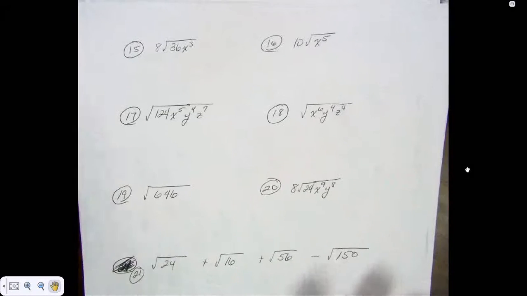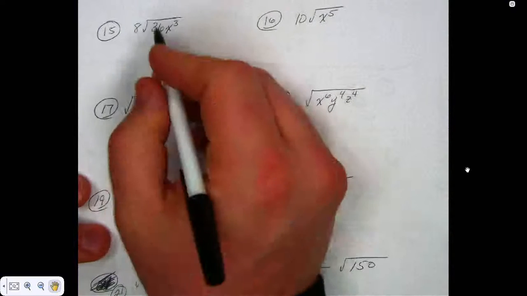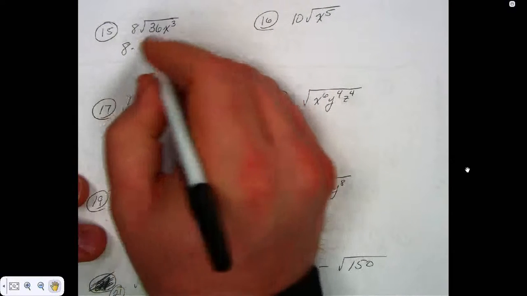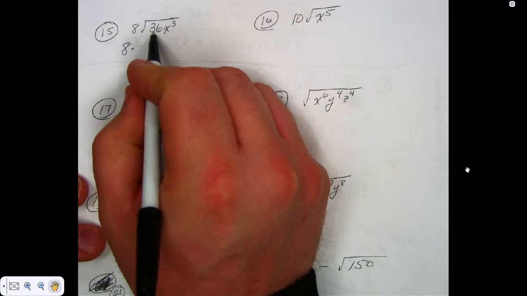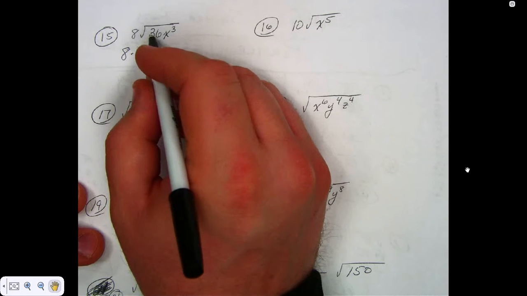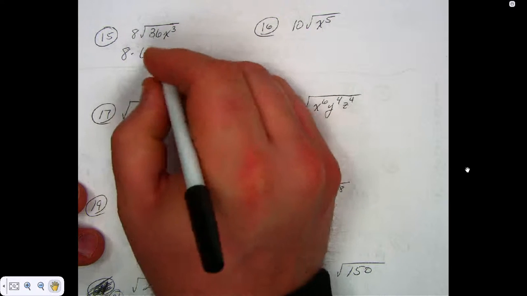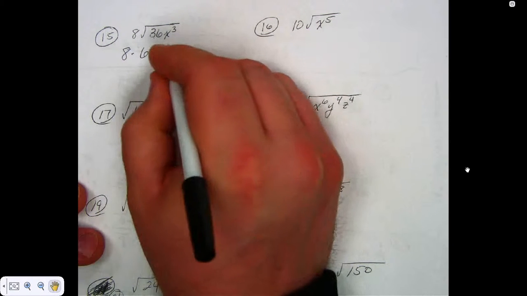You have to remember on the variables, you got 8 times, first of all, square root of 36. Is that a perfect square? 36 is a perfect square. So square root of 36 is what? Times the square root of x. Is that a perfect square?